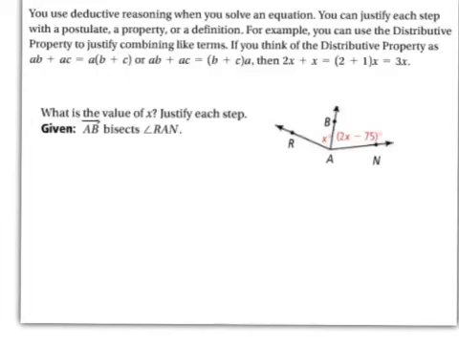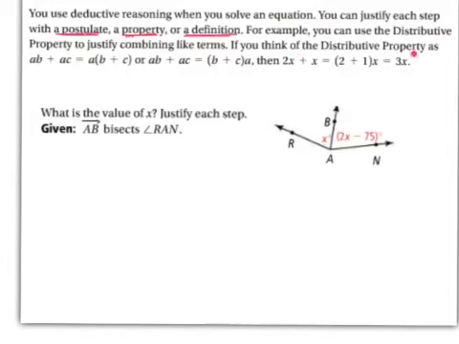So you use deductive reasoning when you solve an equation. You can justify each step with a postulate, a property, or a definition. This is very important. You can use a postulate, a property, or a definition. If we've covered it, then you can use it. For example, you can use the distributive property to justify combining like terms. That's important.